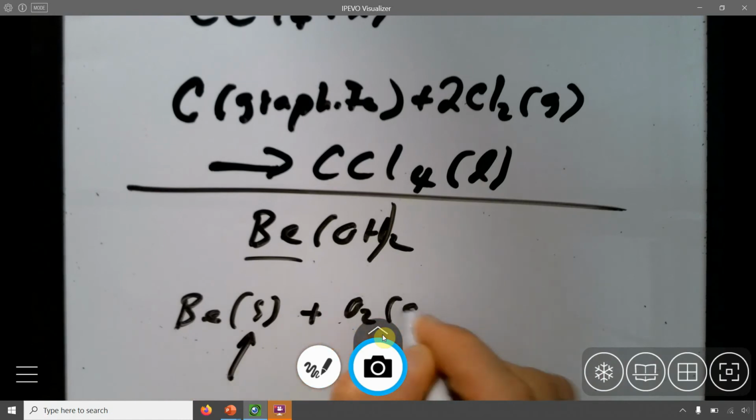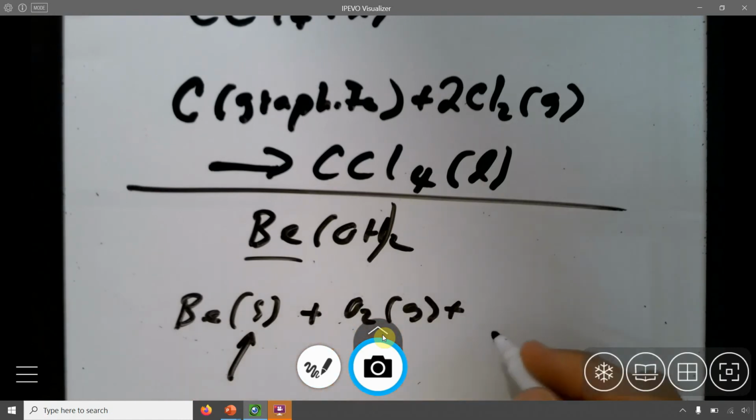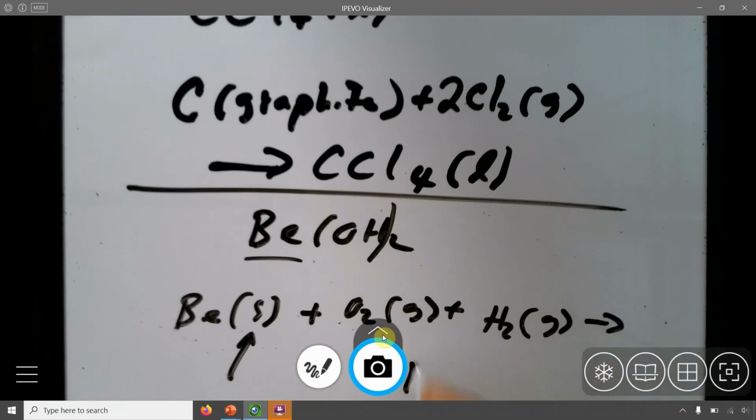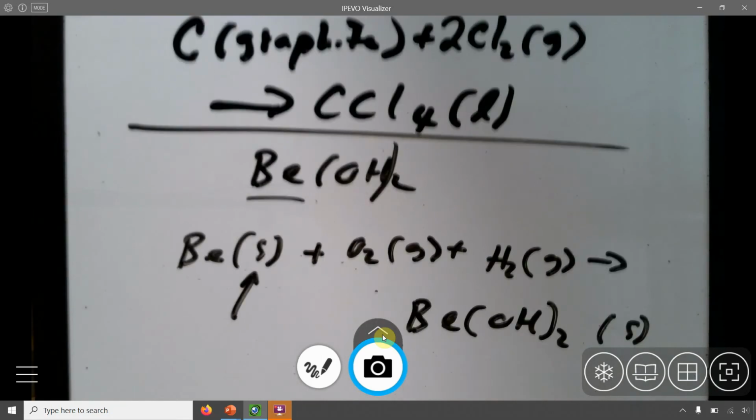Plus oxygen, plus hydrogen, and that will give me my product, which I didn't write specifically, but that's a solid. So that's how you do that. That's how you play around with that. Hopefully that makes sense. You just have to figure out what the most stable form of a compound is.